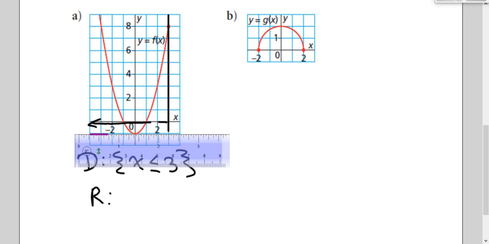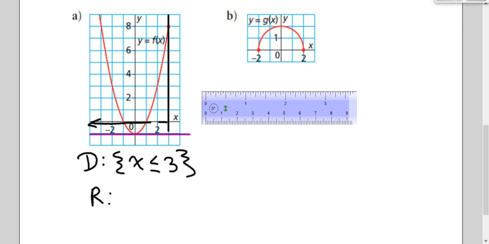Sure, let's change it to purple. That is the smallest value that y can be. So my range is such that y must be greater than or equal to -1, because it could be here, but it just keeps going up. None of these values get interrupted.